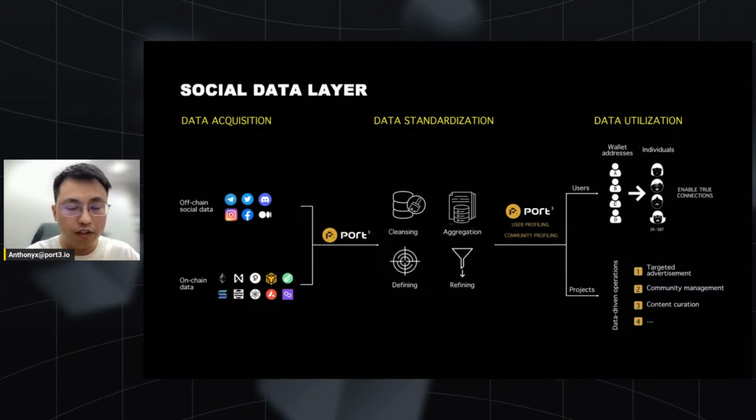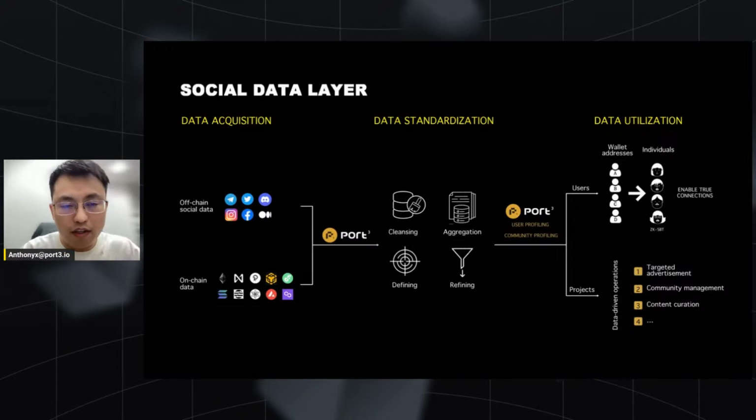For off-chain, we have APIs and bots in different platforms, such as the social platforms Twitter, Telegram, Discord, and GitHub. For on-chain data, we have BNB Chain, Avalanche, Polygon, and others.